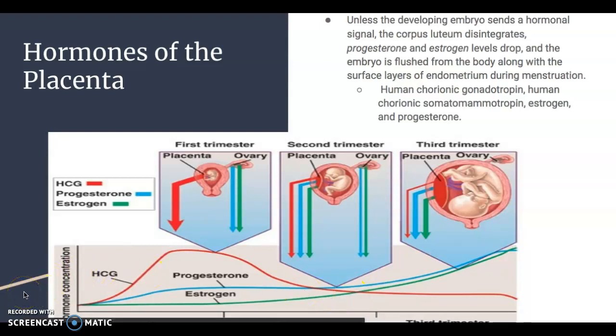Unless the developing embryo sends a hormonal signal, the corpus luteum disintegrates. Progesterone and estrogen levels drop, and the embryo is flushed from the body along with the surface layers of the endometrium during menstruation. Here, two important hormones are highlighted: progesterone and estrogen. Underneath, we have a few more hormones that we're going to get into.